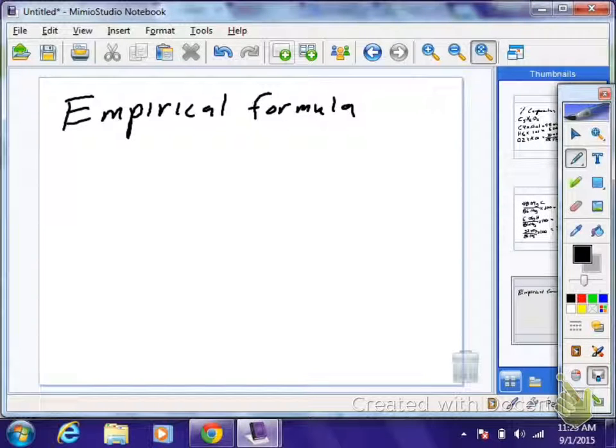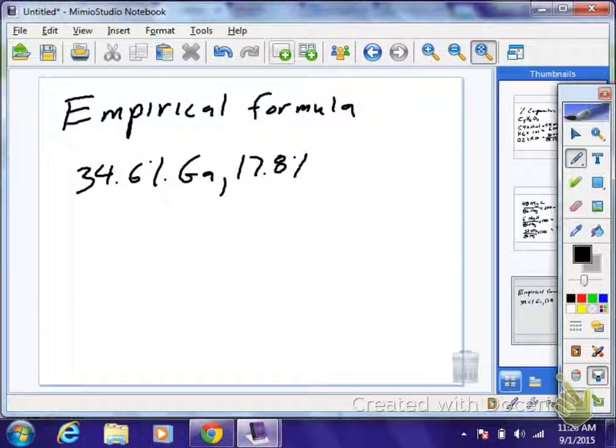The one we're going to do has the following percentages: 34.6% gallium, 17.8% carbon, and 47.6% oxygen.